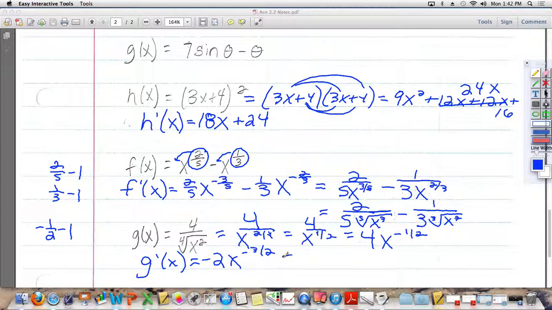So that is actually equal to -2 on top, and on the bottom is where we move this x to the -3/2 power. So it becomes -2 over x to the 3/2 power, positive 3/2 power. Which you could also write as -2, very good, over the square root of x cubed.